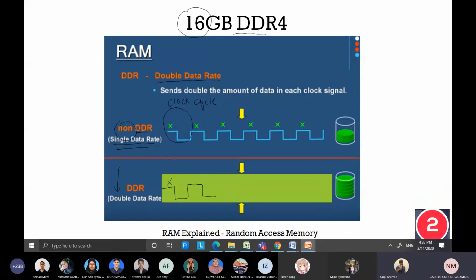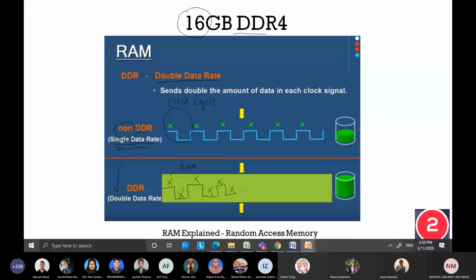But for the double data rate, it can sense double. So this is data, X is data. Your computer now that supports DDR, now type 4, can send double data rate.